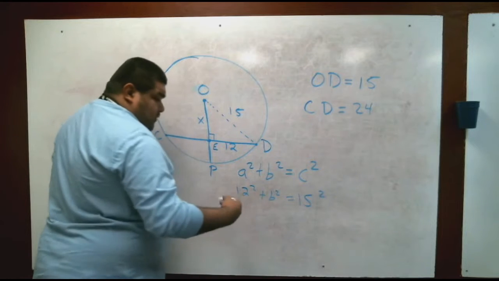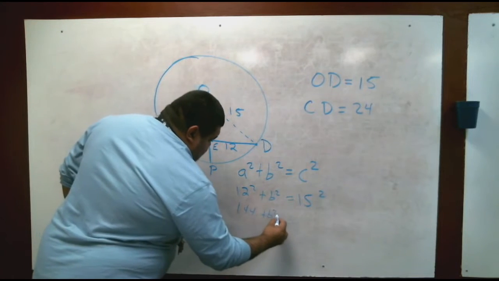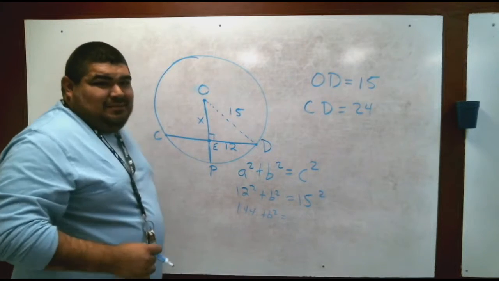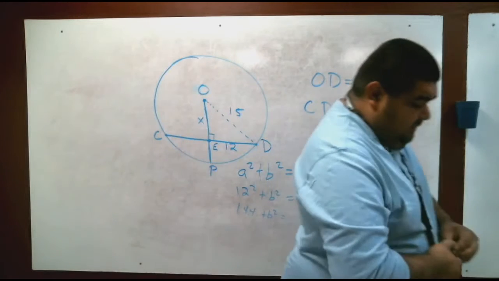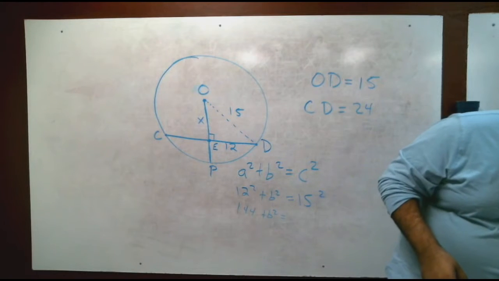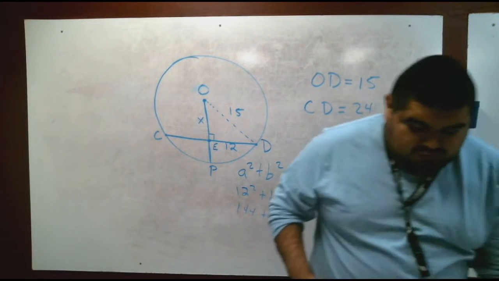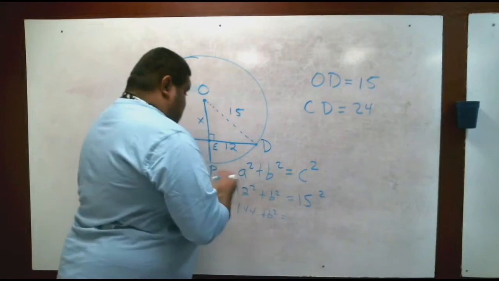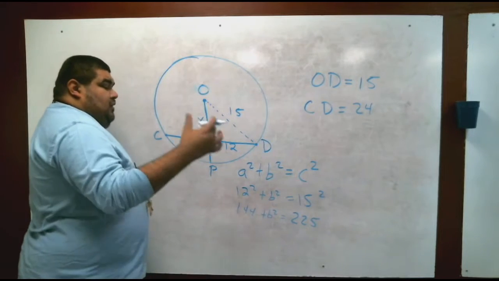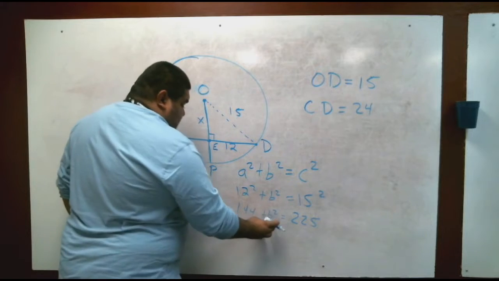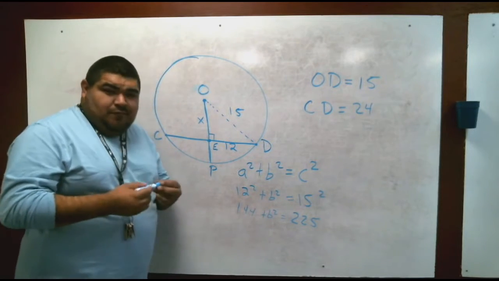So 12 squared is 144, plus B squared equals 15 times 15. Does anybody know what 15 times 15 is? 225. So it equals 225. Now, in order to solve for B squared, we have to get rid of the 144.